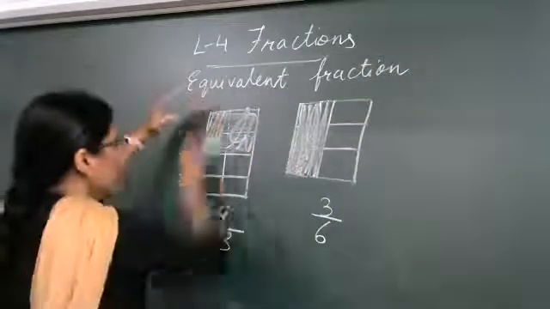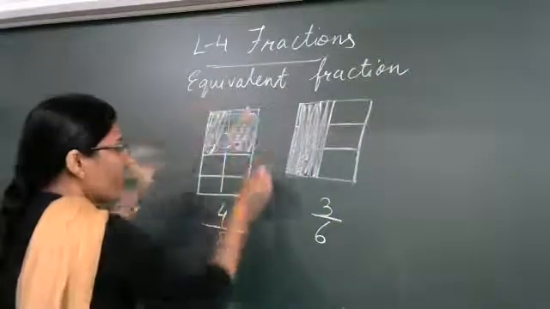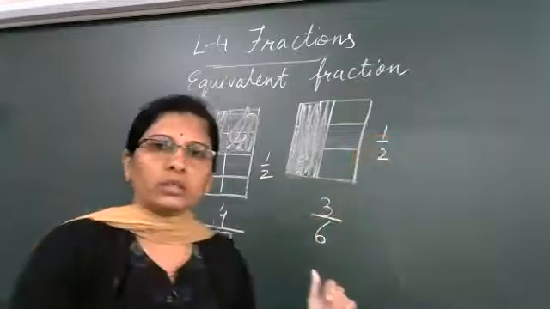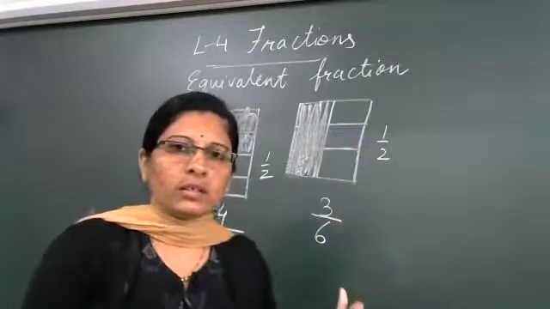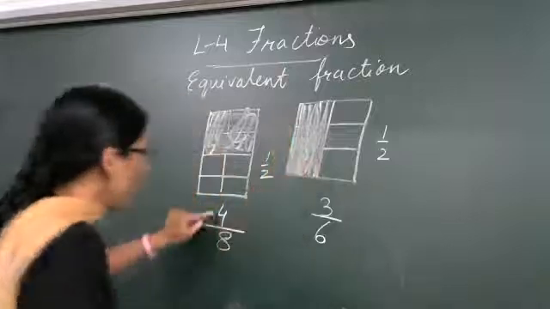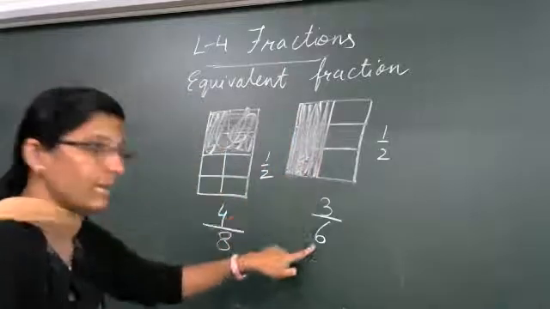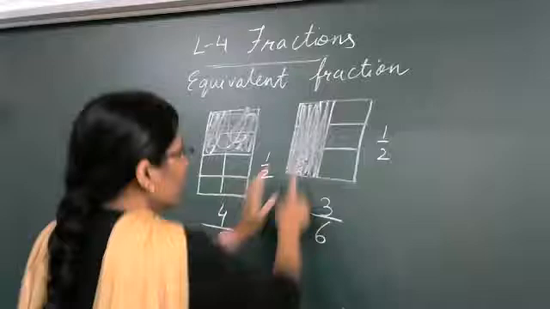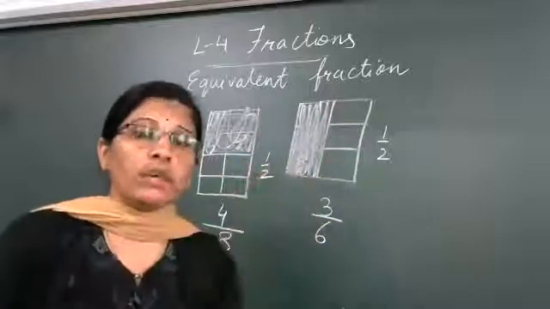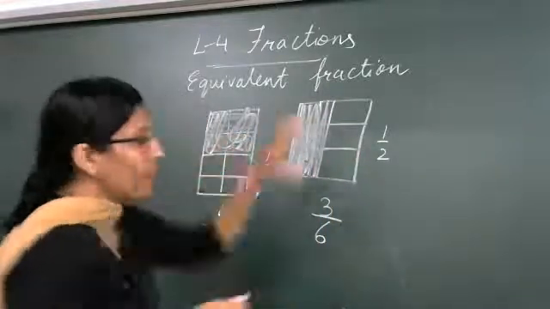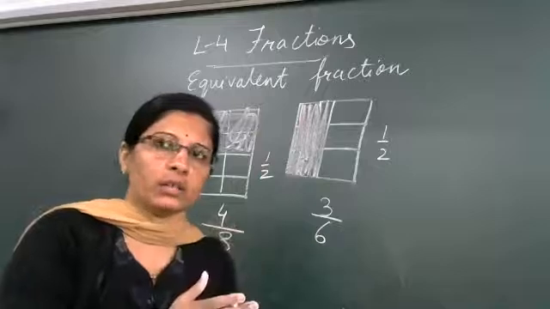In this also half of it is removed, and here also half is removed. I have taken different fractions. Here you can see 4 by 8 and 3 by 6. The fractions are different, but by seeing this, we observe that in both of them, half part is removed.